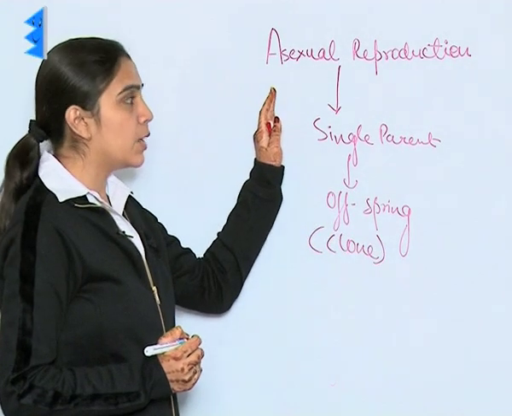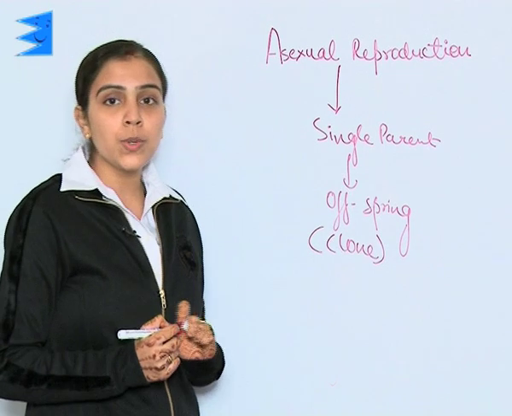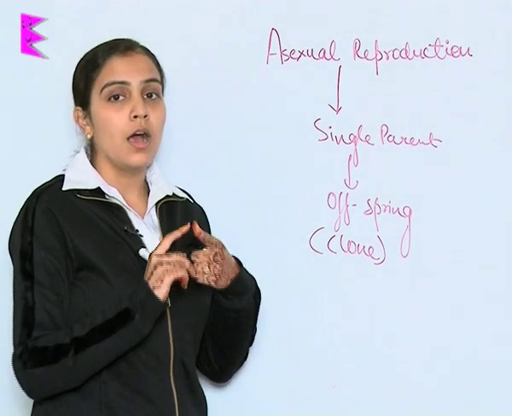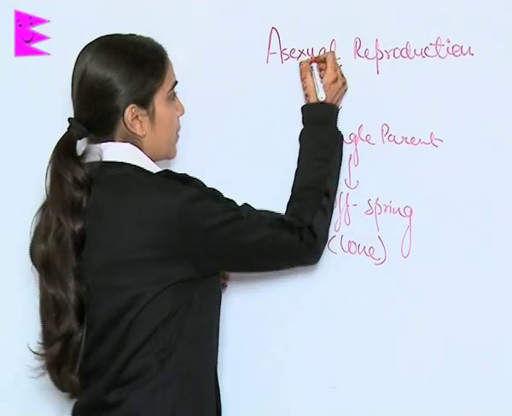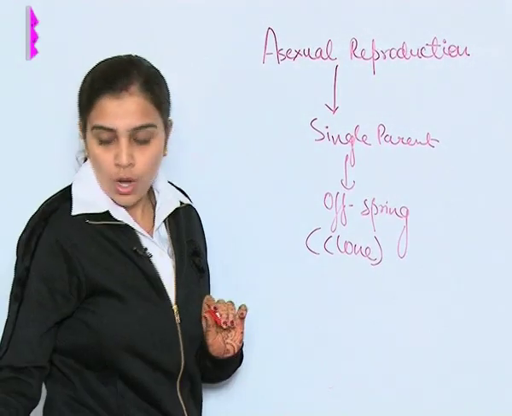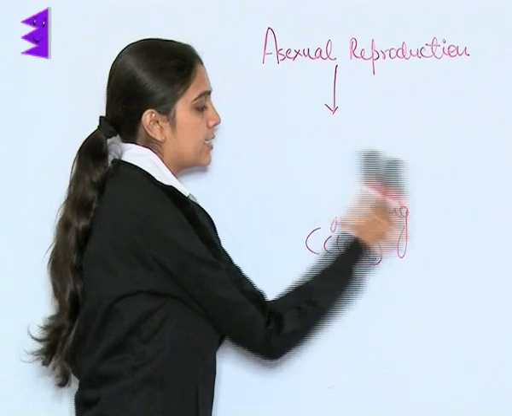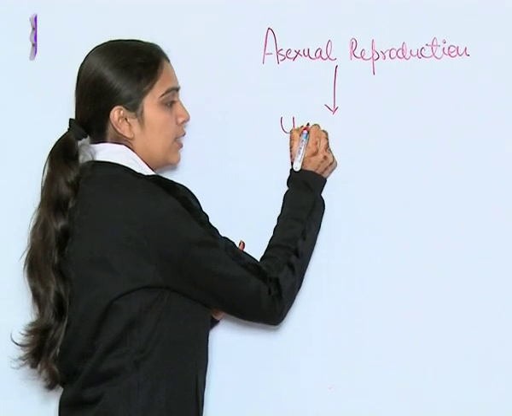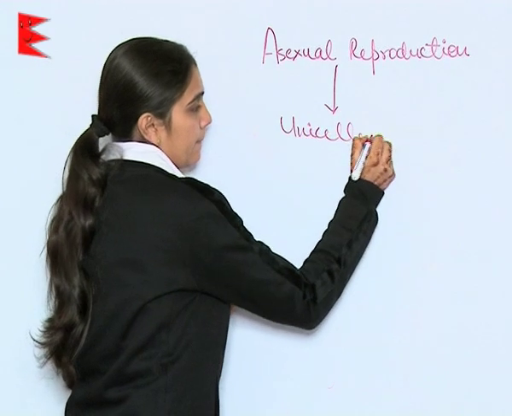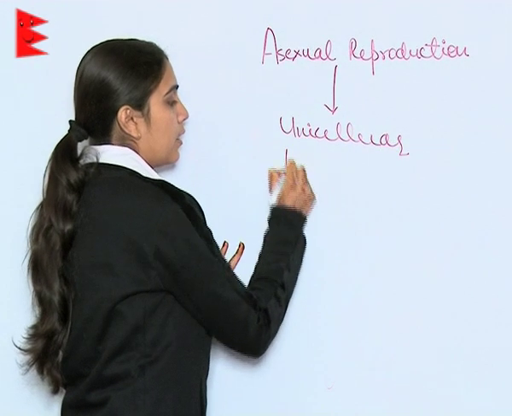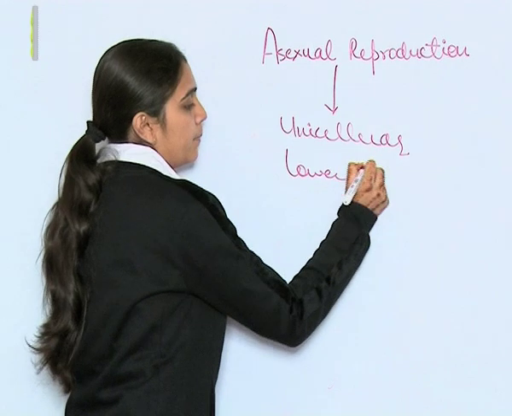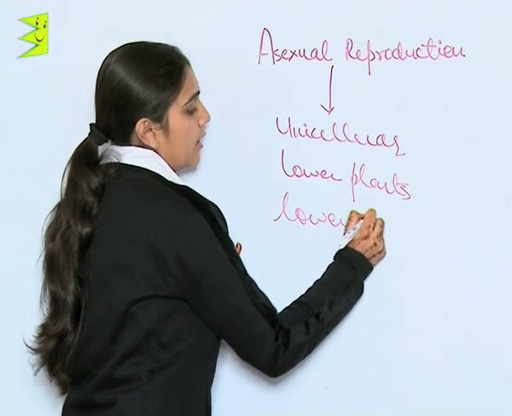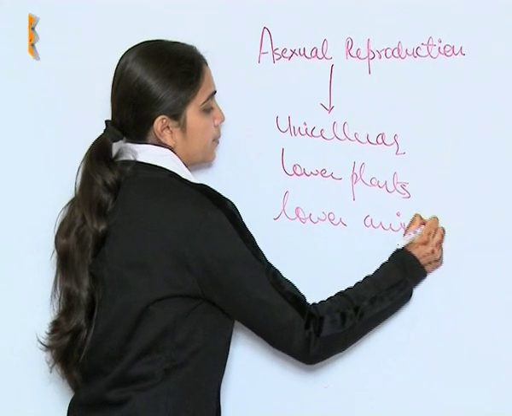Now, asexual reproduction is usually and commonly found in unicellular organisms, lower plants and animals. So, this type of reproduction is seen amongst unicellular organisms, then lower plants, and yes, lower animals.